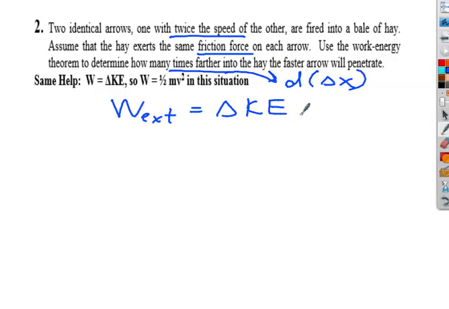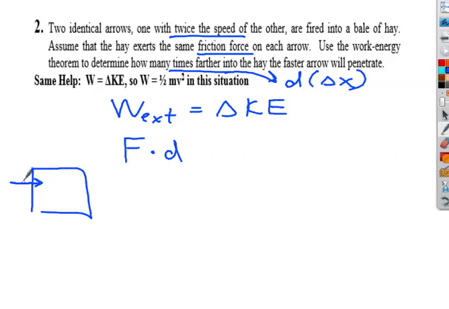Because the potential energy is staying the same, we're breaking this down to work is equal to force times distance. Here's your hay bale. The arrow is going to go into the hay bale perfectly horizontally. Don't make it any more difficult than you have to. It doesn't actually have to be perfectly horizontal, but let's just say it is.